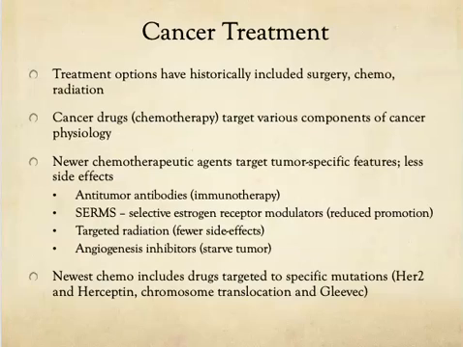Cancer drugs, or what we refer to as chemotherapy agents, have been used to target different components of cancer physiology, including the fact that cancer cells tend to divide very rapidly. The newest chemotherapeutic drugs are designed to target very specific features of individual types of cancer and to produce less side effects.